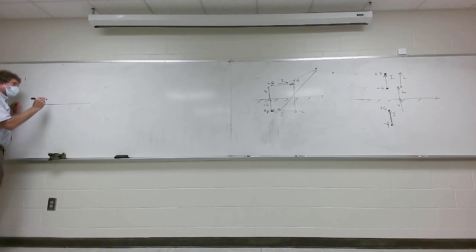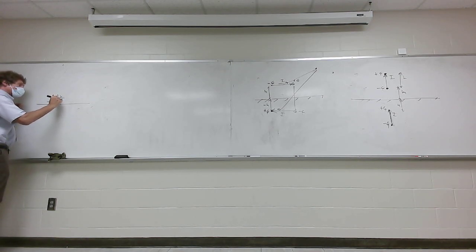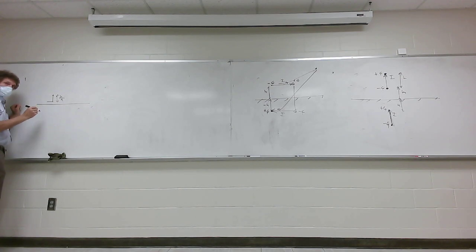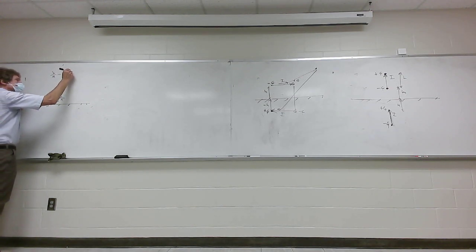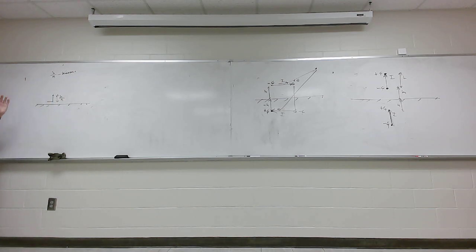If I have an antenna, and instead of putting a half-wave dipole, let's make this thing lambda over 4 in length. All right? And make that a ground plane. This is called a quarter-wave monopole. Well, it would have a current on it, but the current would be in the vertical direction, I, right?